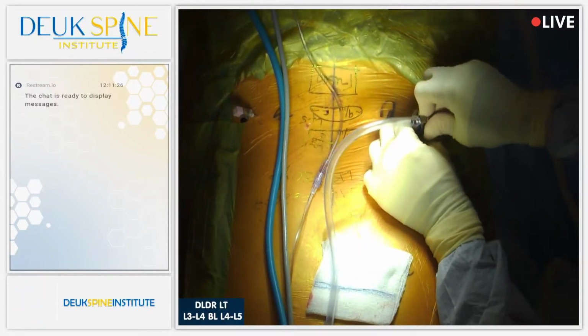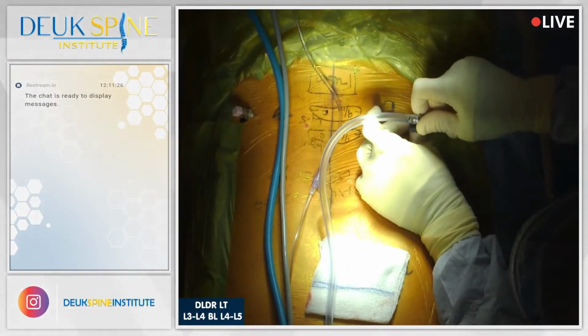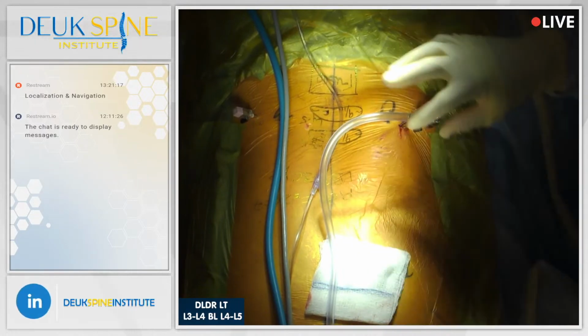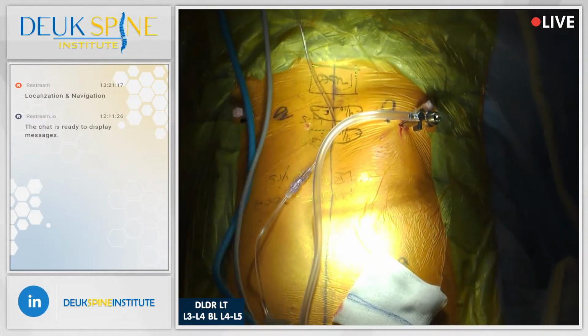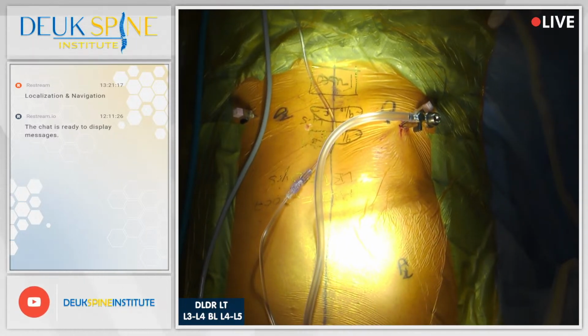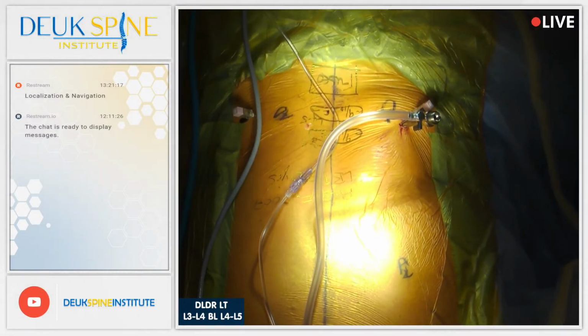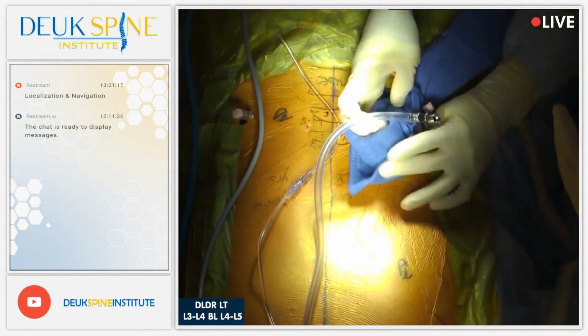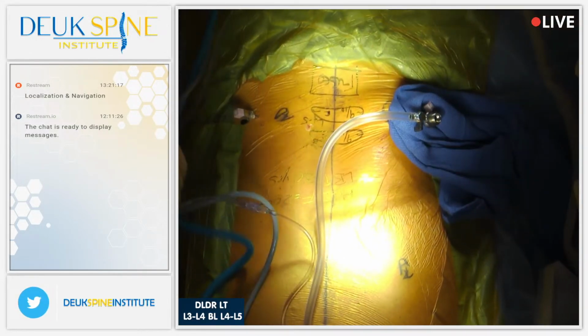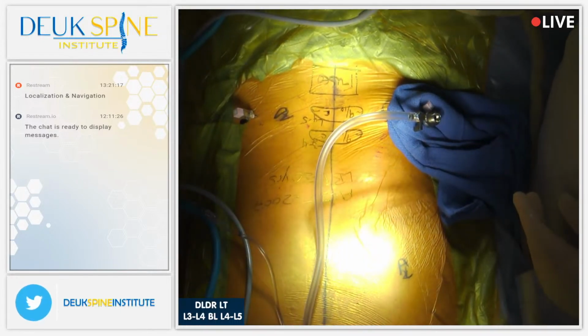Now we're done localizing and we're done navigating. The rest of this disc will be done without the use of any x-rays. One of the advantages of the Duke laser disc repair surgery you're watching is something we don't talk about a lot, but it's a very important advantage, and that is that less radiation is used during the surgery.